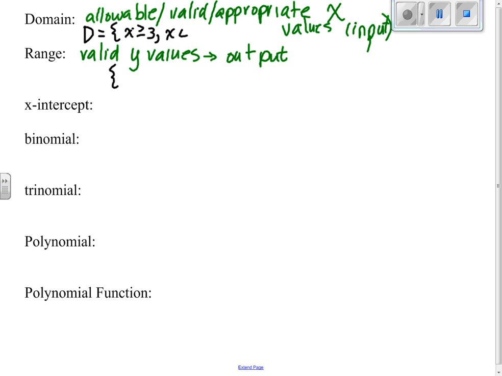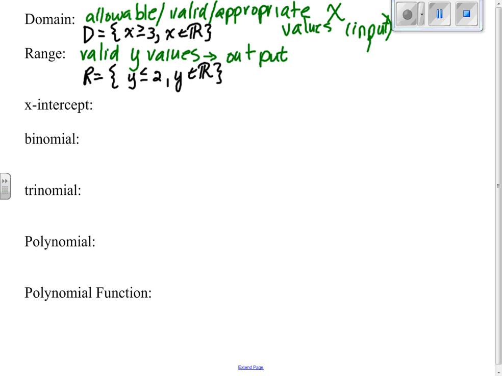X is a real number. So that's what it would look like when we write a domain. A possible range could be my Y values have to be less than or equal to 2. And it is a continuous function. So we'll get used to how to write those, but I wanted you to see it before we moved on.